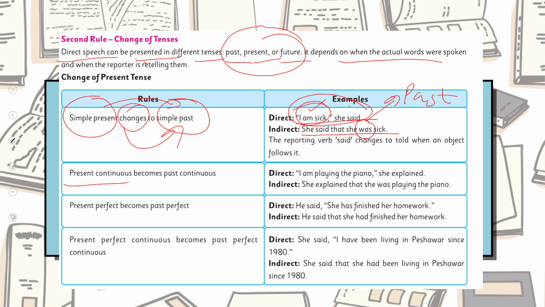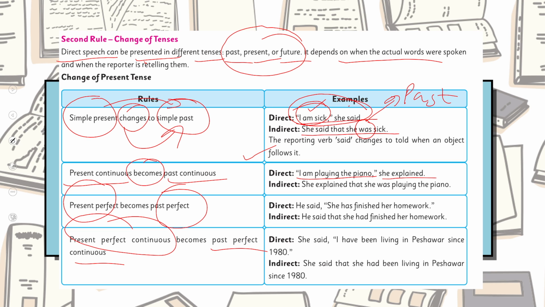Present continuous becomes past continuous. Simple present will change into simple past, present continuous will become past continuous, present perfect will become past perfect, present perfect continuous will become past perfect continuous. These rules are very simple, these sub rules or sub points of rule number 2. Let's look at an example. I am playing the piano, she explained. Now, I am playing the piano, we know that this is a present continuous tense.